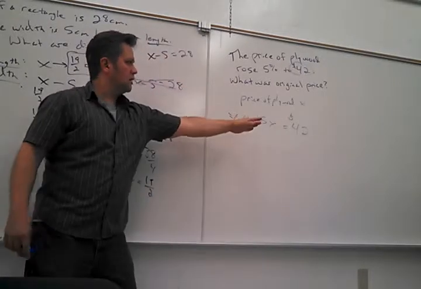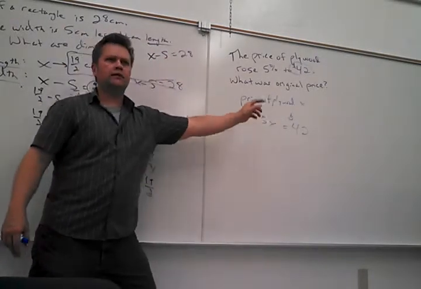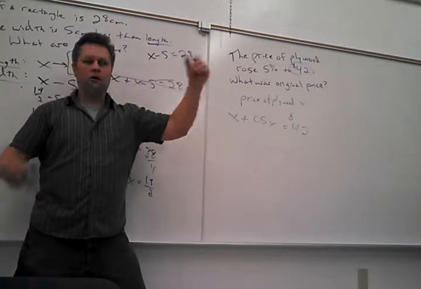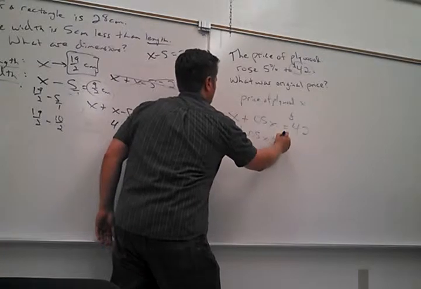So now this problem might be a little bit weird. What's a whole x plus 0.05x? 1.05x. Good. And then how do you solve?